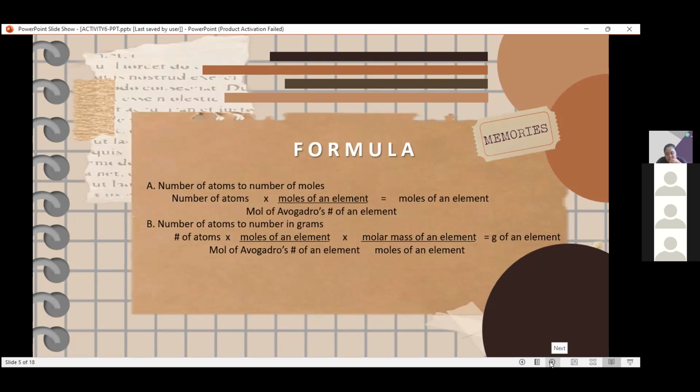Then the second formula is to find the grams of the element. So the formula is number of atoms times moles of an element over mole of Avogadro's number of an element times molar mass of an element over moles of an element is equal to grams of an element.